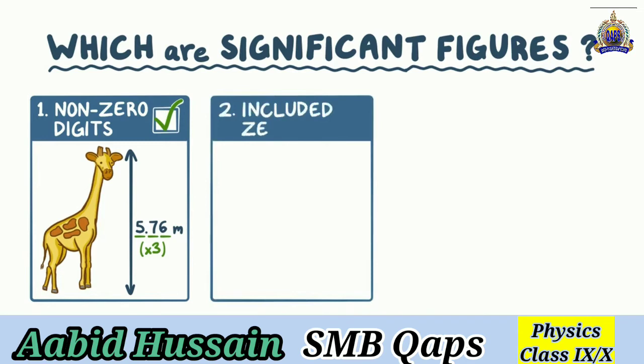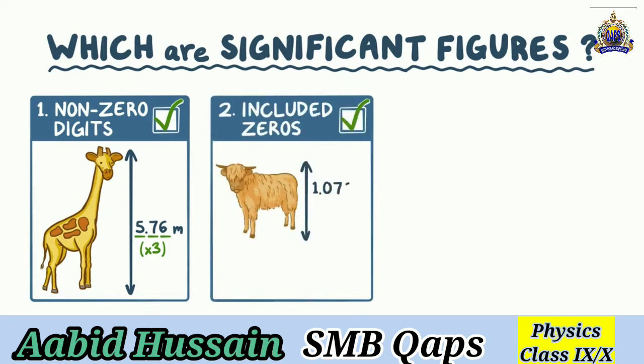Okay, rule number 2: if there are zeros included, meaning there are numbers on the sides of the zeros and the zeros lie between the numbers, then all these numbers and the zeros are also called significant figures.